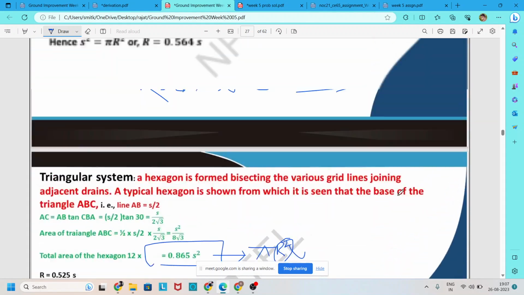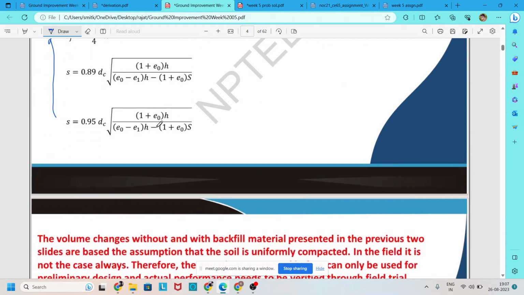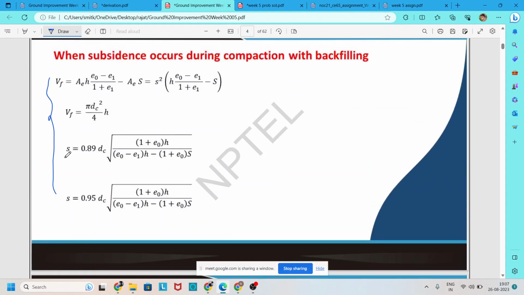If we quickly go to the first slide in this session, you can see that two formulas are discussed here. One is for the square pattern, another one is for the triangular pattern, while the backfill material is being backfilled and the ground is also settled down.